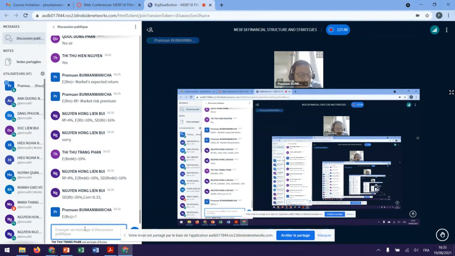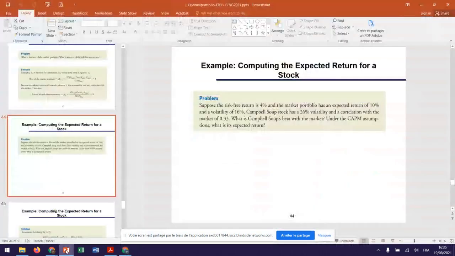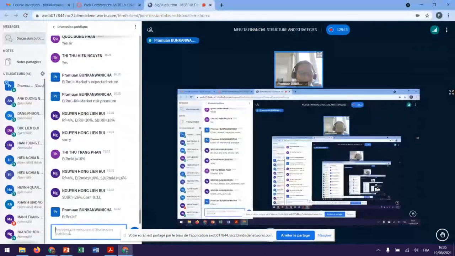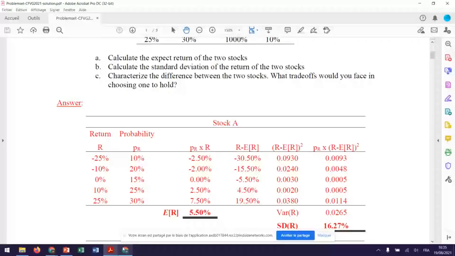You have the expected return, ERCS. What is the expected return on the Campbell Soup? The volatility of the Campbell Soup is 26%. The correlation is 0.33. Next, we simply take the formula of the beta.